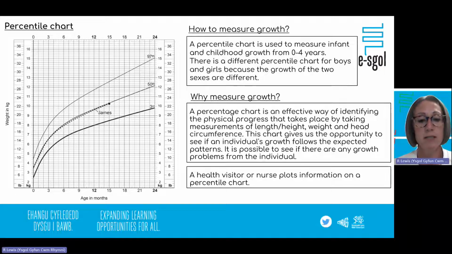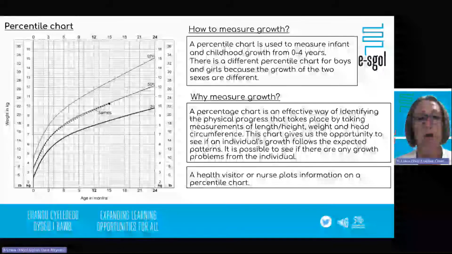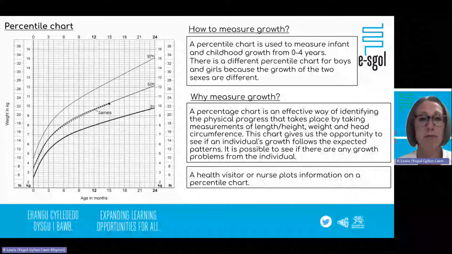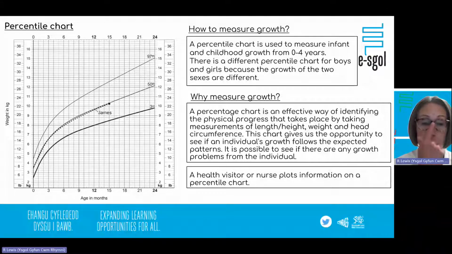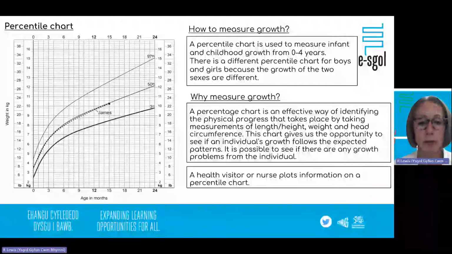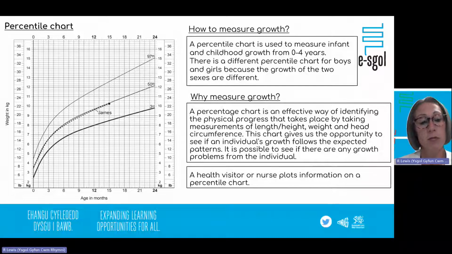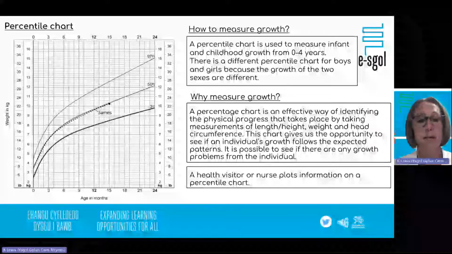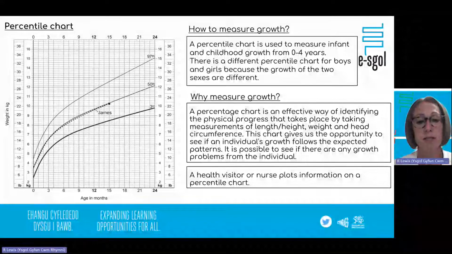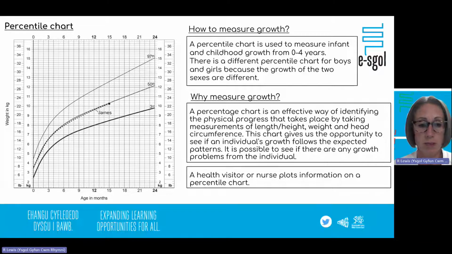Length or height is the same area of measurement. We also measure weight, and the head circumference, just to ensure that the baby's head is growing within the expected range. If for whatever reason an individual falls above or below, it's a good excuse for us to seek further help and to continue monitoring their progress.